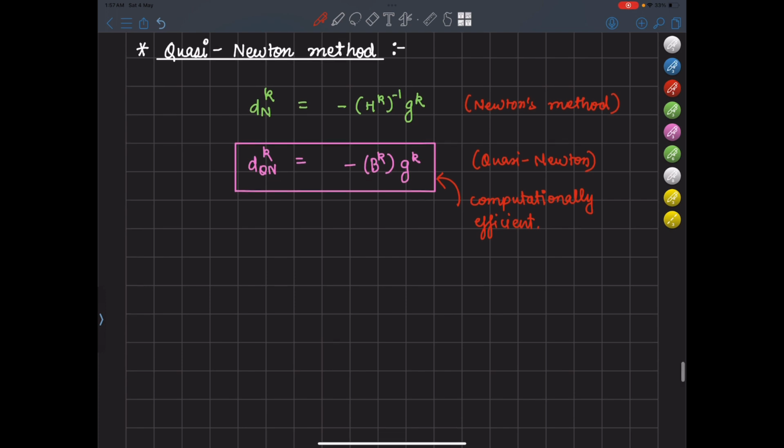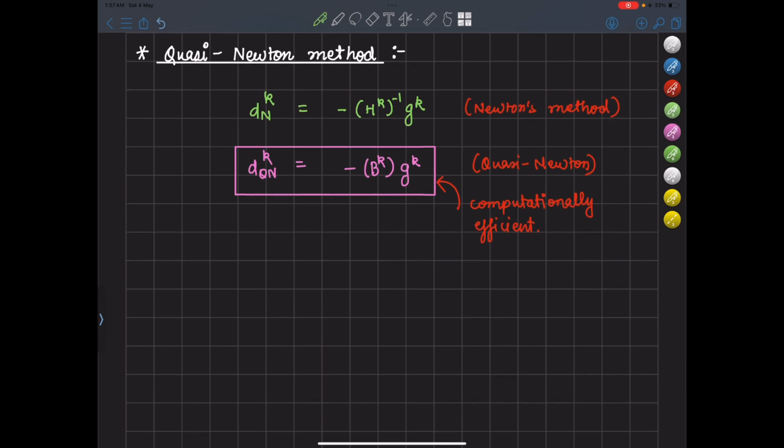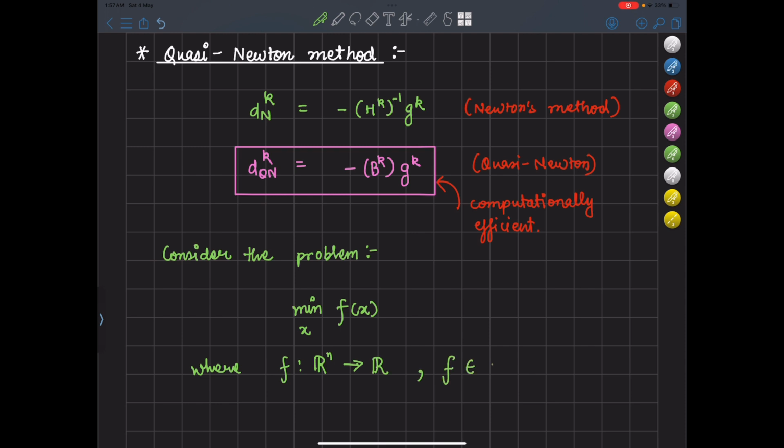Let's look at that. So consider the problem of unconstrained optimization. Minimize f(x) where x belongs to Rn, where f is a real valued function from Rn to R, and f is a continuously differentiable function.